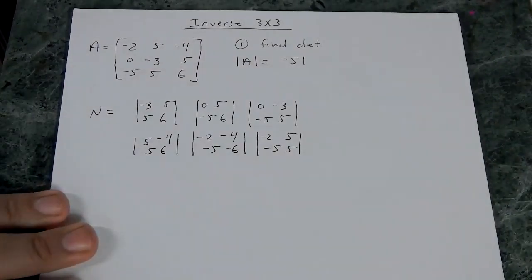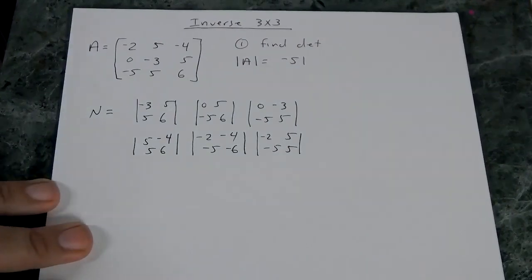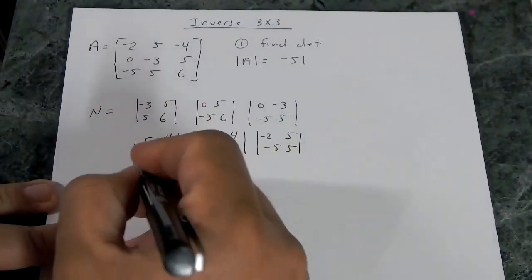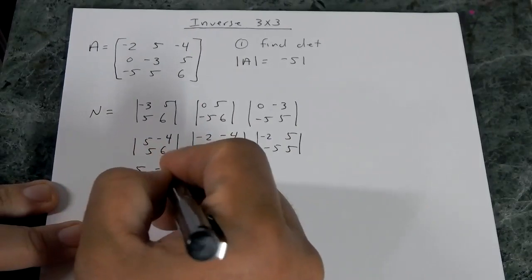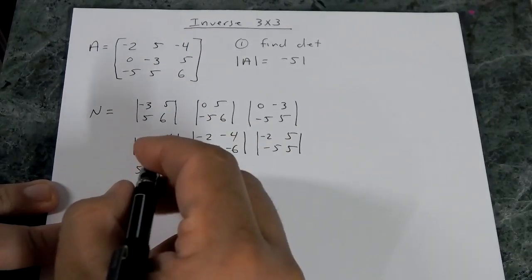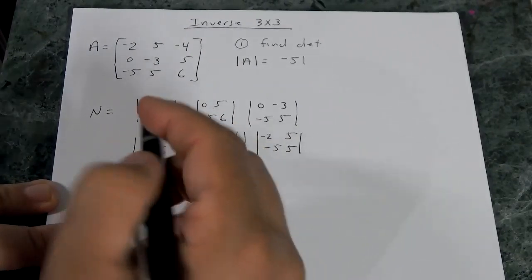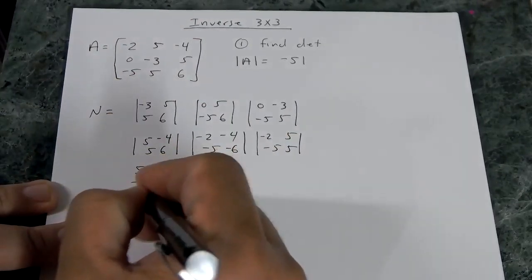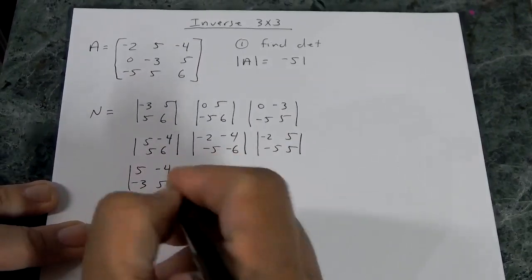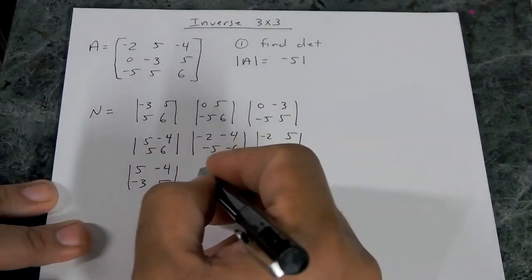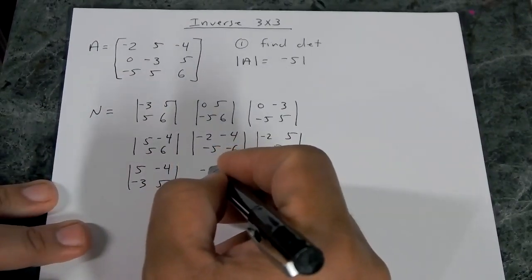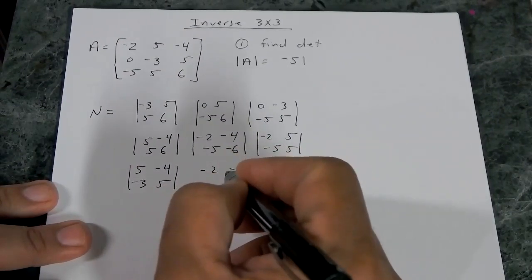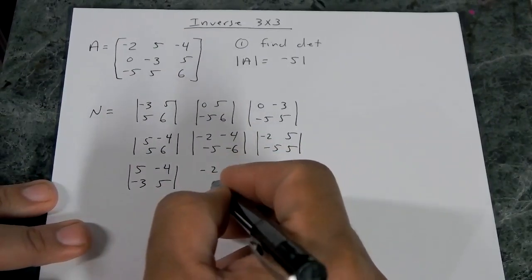And lastly, now I got to do the third row. Third row, first column, knock that out. You end up with 5, -4, and -3, 5. Let's see, knock this out. -2, -4, -5, 5. Then the second one is -2, -4, and 0 and 5.